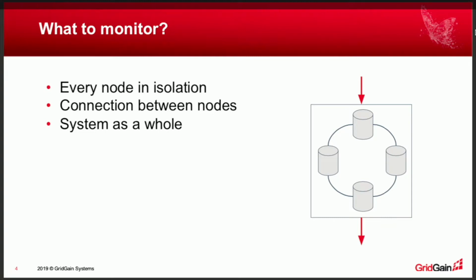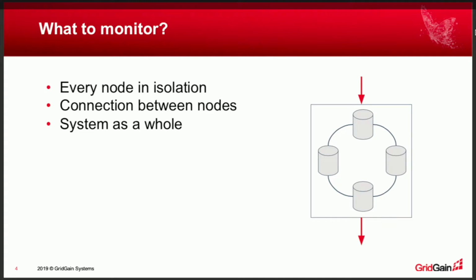Even if your nodes and the connections between them are doing fine, it doesn't mean that user requests will be processed as they should be, because there may be some kind of higher-level issue. So you also need to monitor it as a black box.